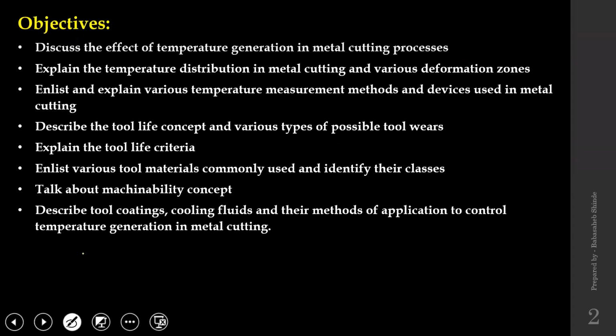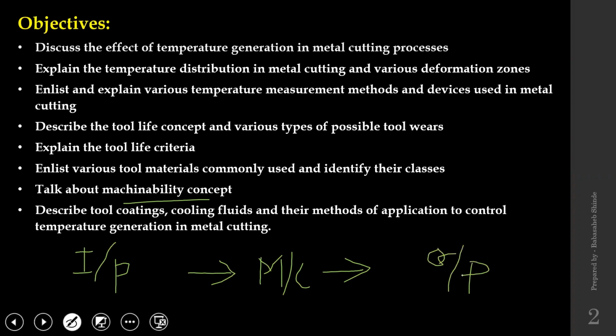Next one, talk about the machinability concept. So as I just discussed on the slide one, machinability concept, in the sense, if I consider a simple machining operation, there are going to be certain input parameters and there are going to be certain output parameters.